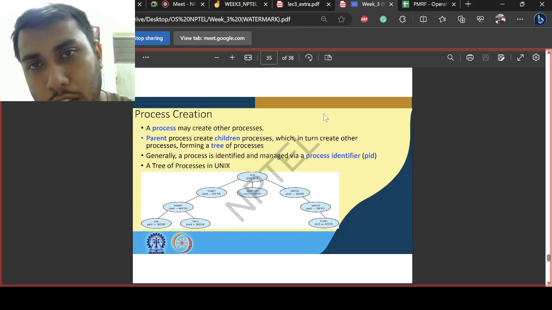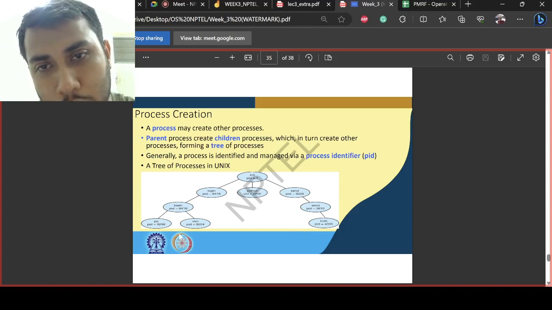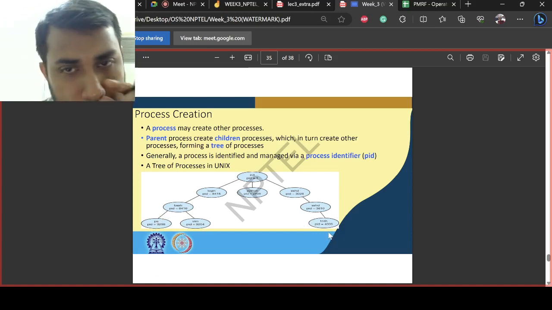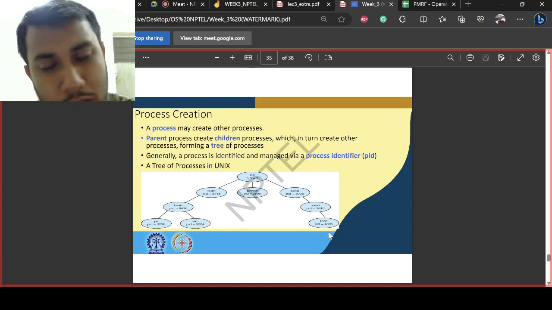This is a typical init process creation. Once init is created, then login is created, Python is created, SSHD is created. Then login creates more child processes, bash creates ps and vim, SSHD creates TSH. So this is the process creation structure, which happens when you are starting the system.